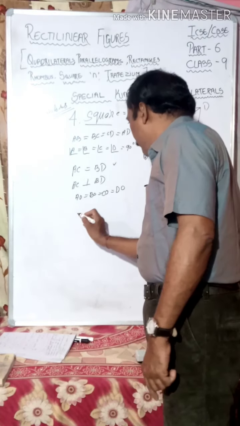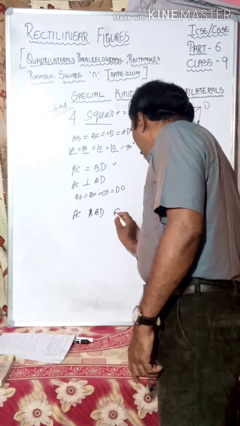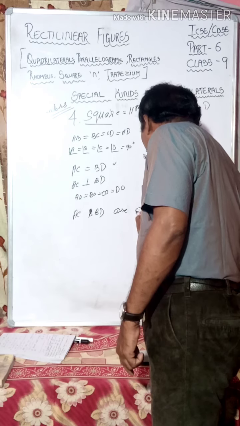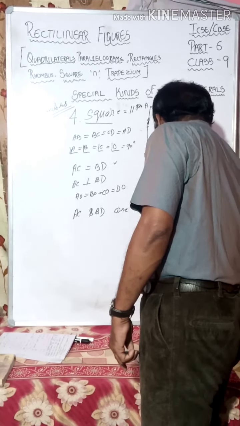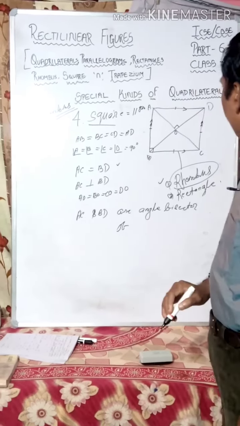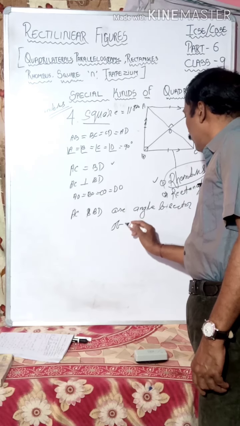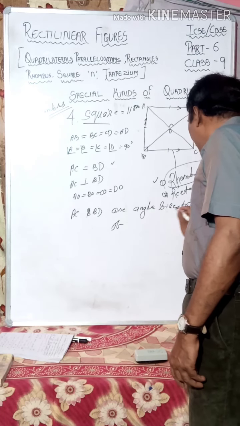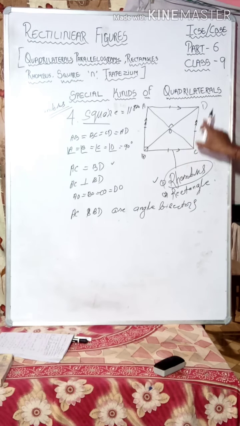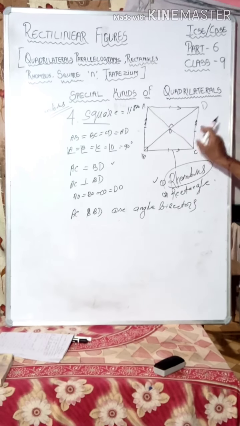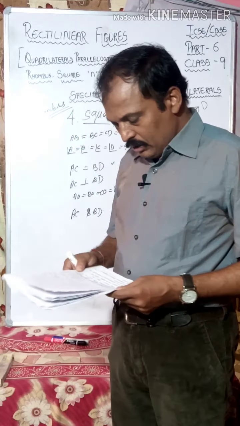So AC and BD are angle bisectors. It means AC is the angle bisector of BAD and BCD, and BD is the angle bisector of ABC and CDA. These are the angle bisectors. And then the next point, what are the next points?